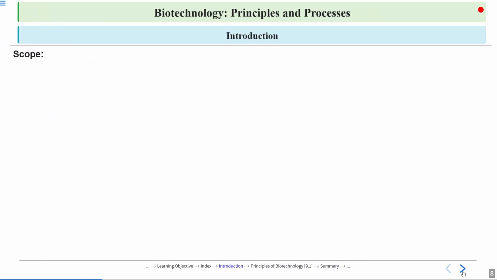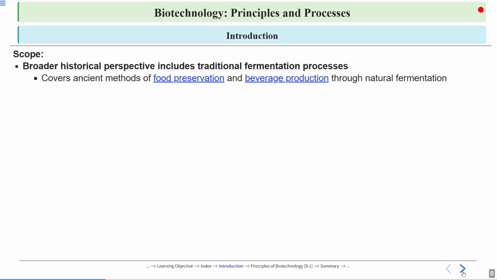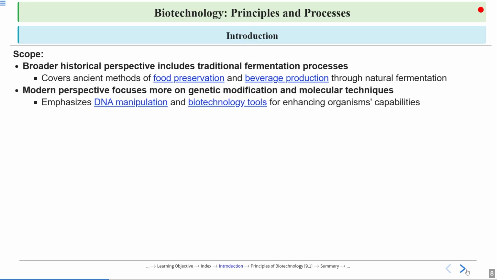Now, what is the scope of this? The broader historical perspective of traditional biotechnology includes mostly fermentation processes, such as the Asian method in which we preserved food, and beverage production like wine making, through natural fermentation. But the modern perspective focuses more on genetic modifications and molecular techniques.